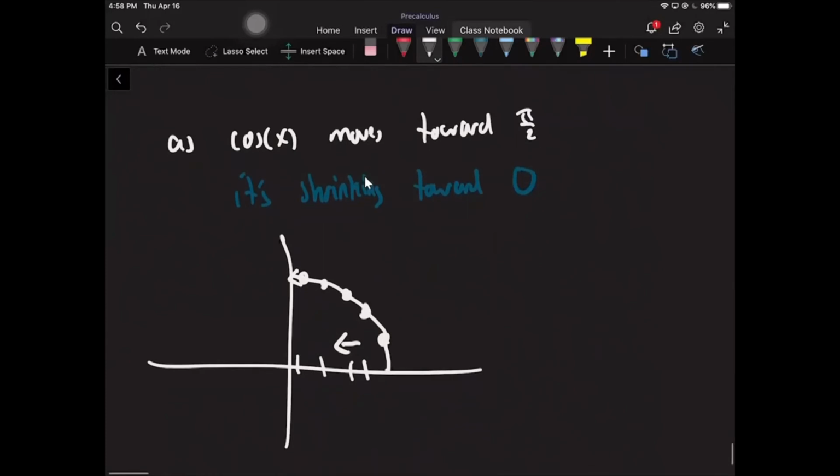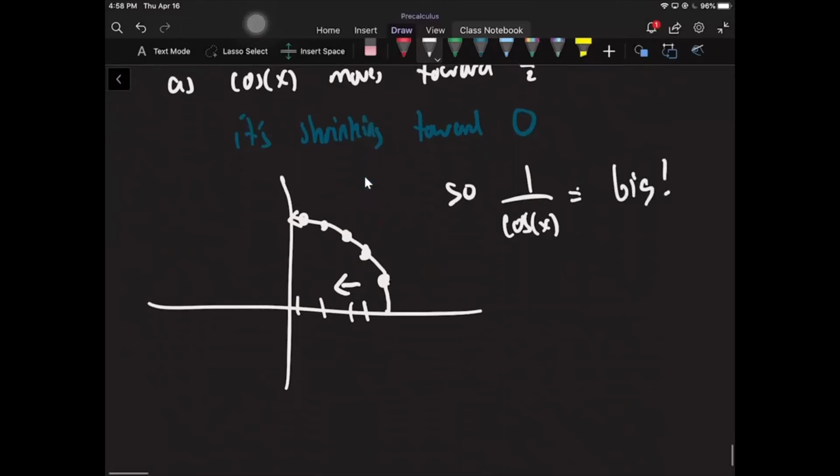So what does that mean? Well, that means that if you divide by something that's shrinking, it's going to get very big. For example, 1 divided by a very tiny number, like 1/10, becomes 10.